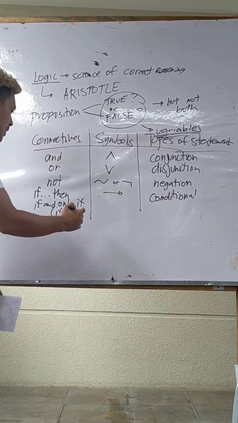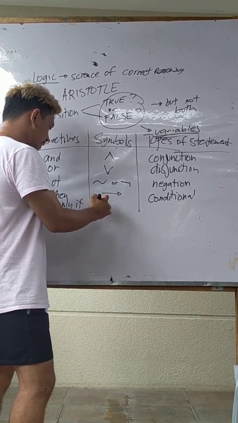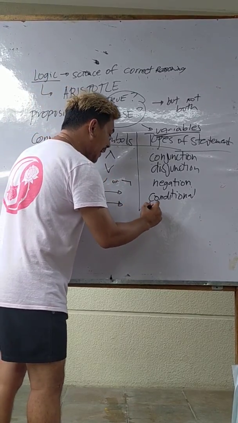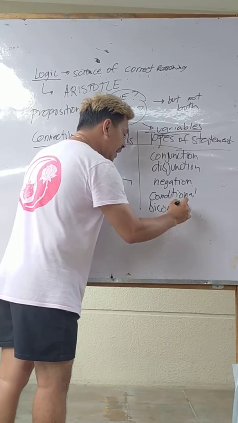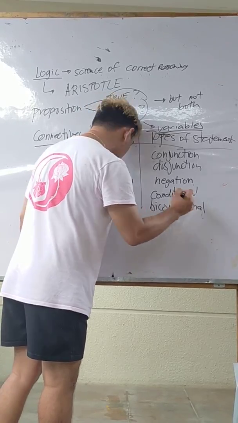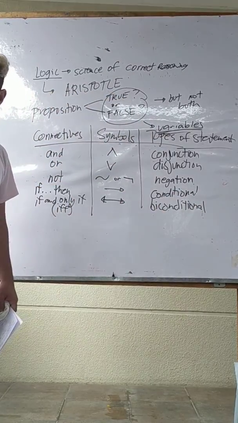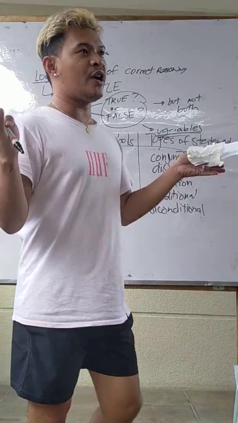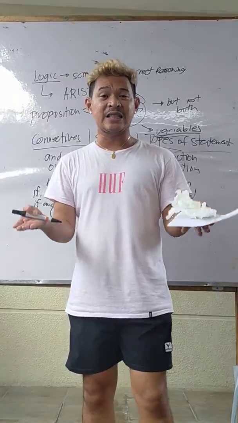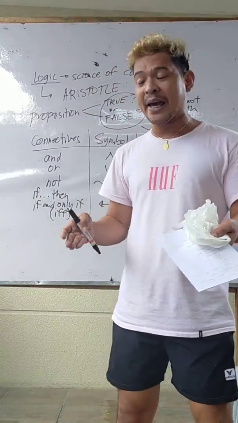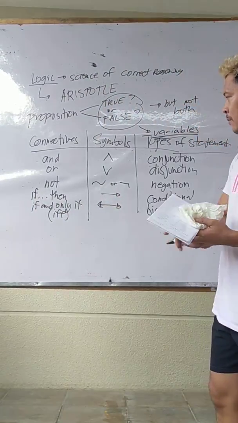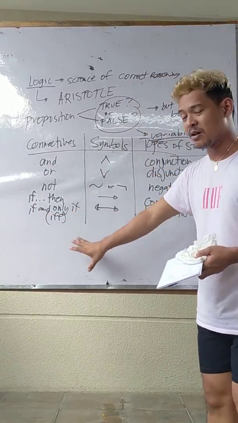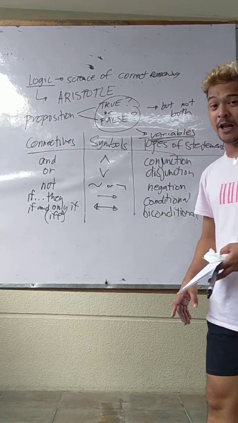It means we have this kind of symbol, and that is biconditional. Meaning to say, it is the combination of two if-thens, or two conditional statements. So our truth table, or the analysis for logic, will go with these connectives, these symbols, and this type of statement.